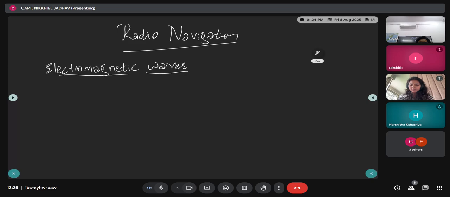Okay, so I was saying we'll be doing electromagnetic waves. Does everyone know what electromagnetic waves are? Whenever there is an electric field present, it will simultaneously produce a magnetic field, and vice versa. Wherever there is a magnetic field, it will produce some electric field around it.